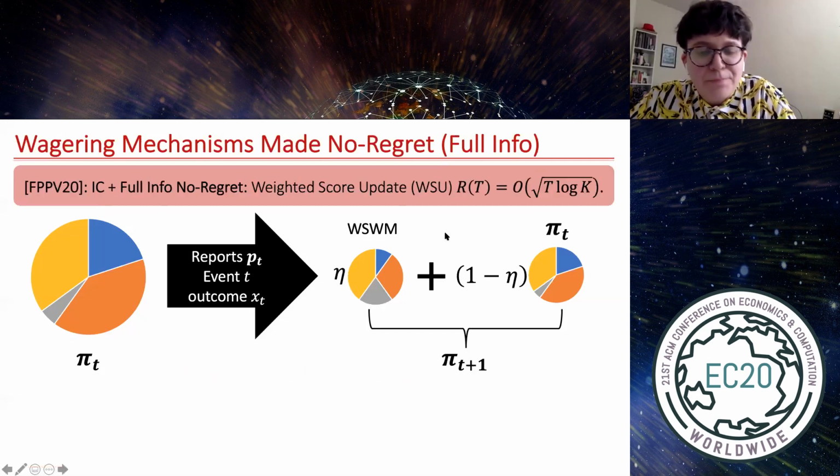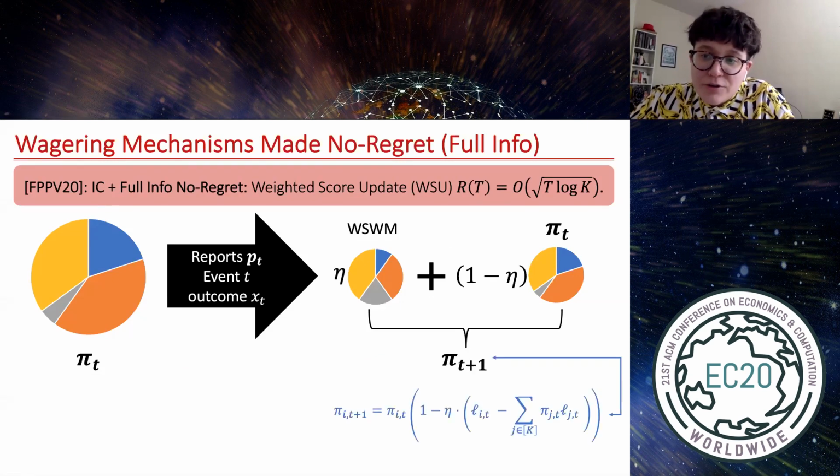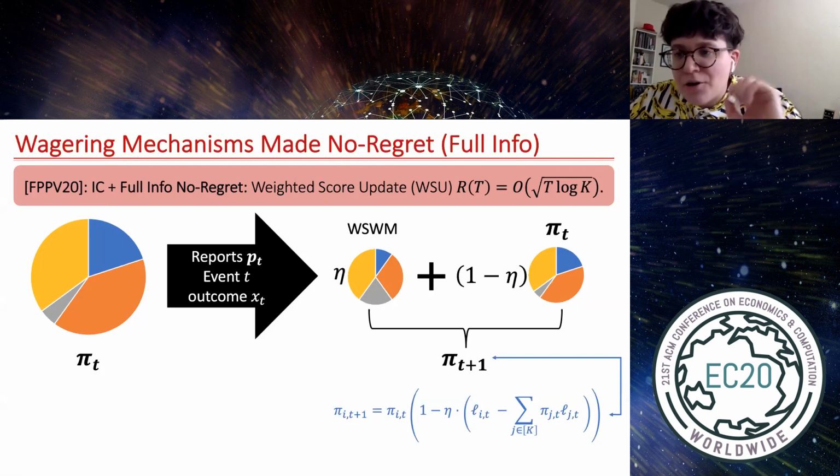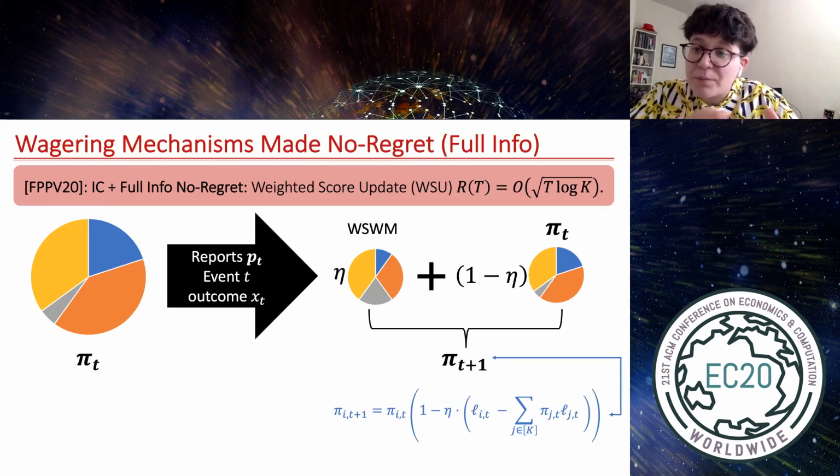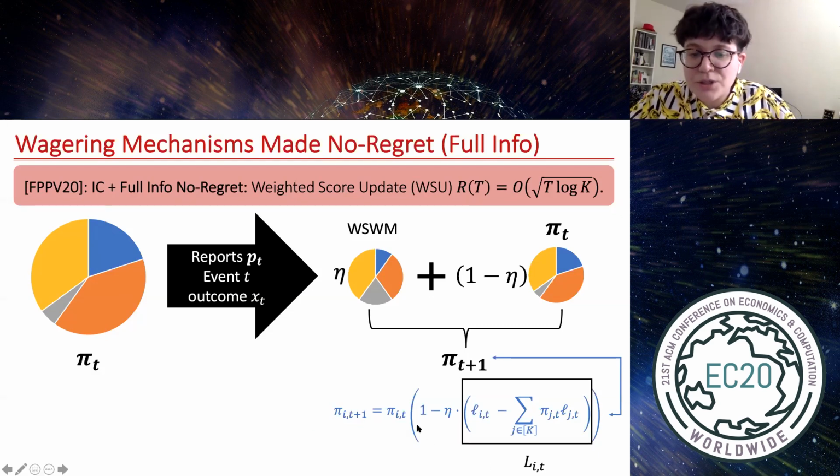And this actually goes to Hermes's question, let me give you a vignette of why this ETA suffices, just a broad overview. If you analyze this convex combination of the weighted score wagering mechanism and pi t, you end up with this form here in blue, which essentially says the probability for the next round is the probability that I have now, multiplied by 1 minus an ETA fraction of my loss minus the weighted loss of all the other experts.